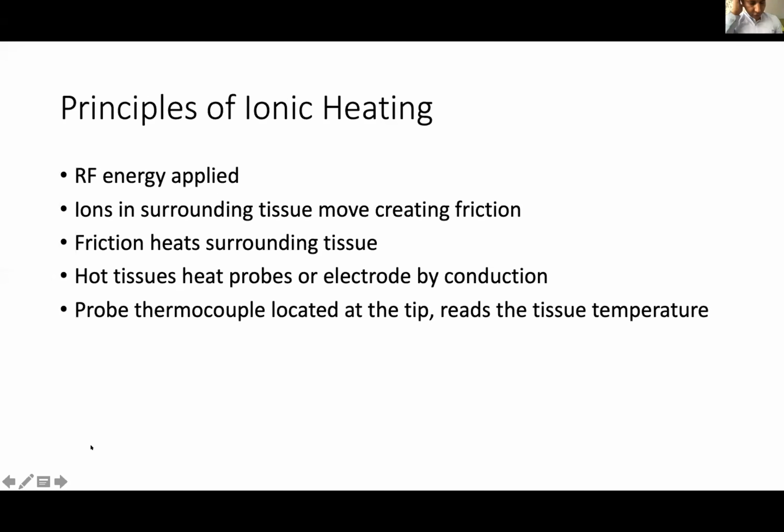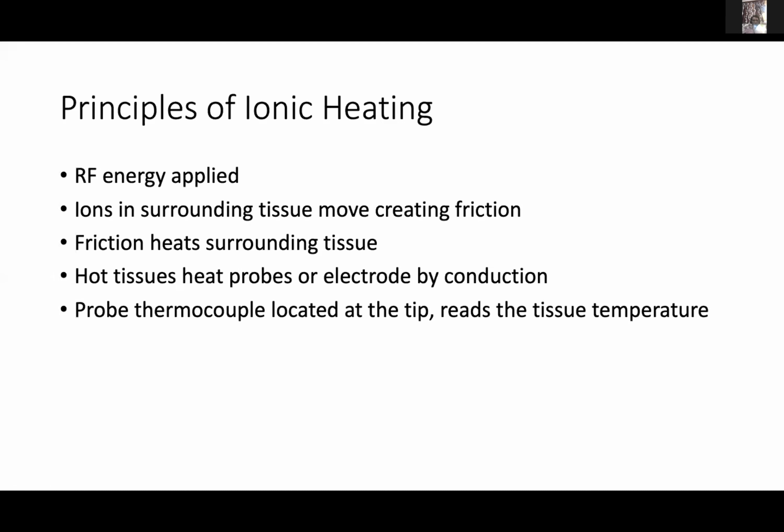Okay, sir. Sure. The principle of ionic heating is that once RF energy is applied, the ions in the surrounding tissue cause friction, and this friction creates heat in the surrounding tissue. This heat, by conduction, reaches the RF probe or electrode which we use during RF.